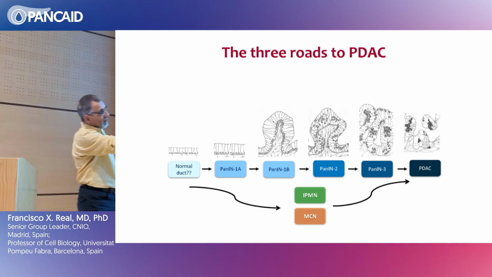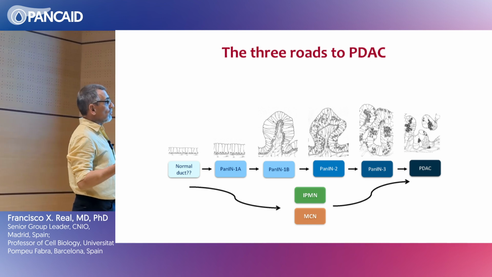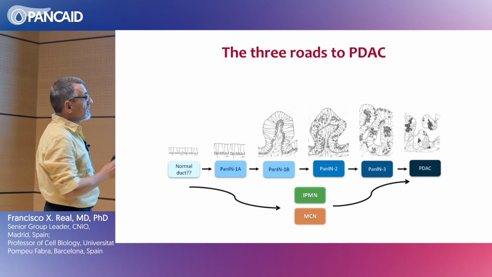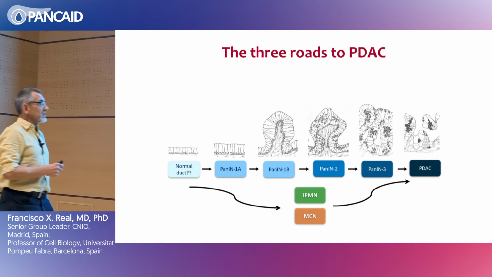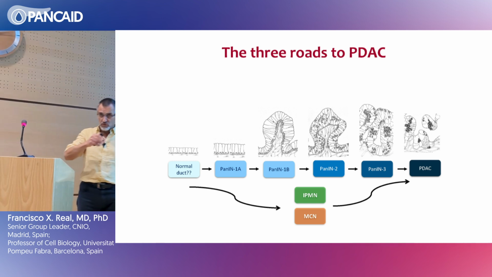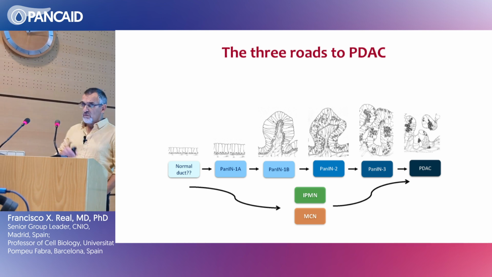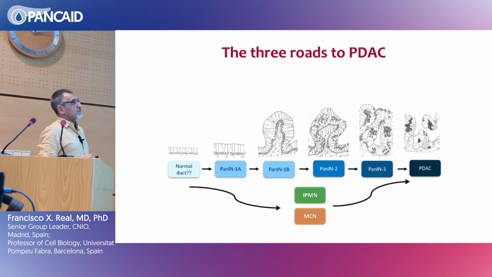The ones A and B are now called low grade, the 3 is called high grade, and then it's PDAC. The other roads are IPMNs and mucinous cystic tumors. These are a different route, probably accounting for about 15% of the cases of pancreatic cancer.